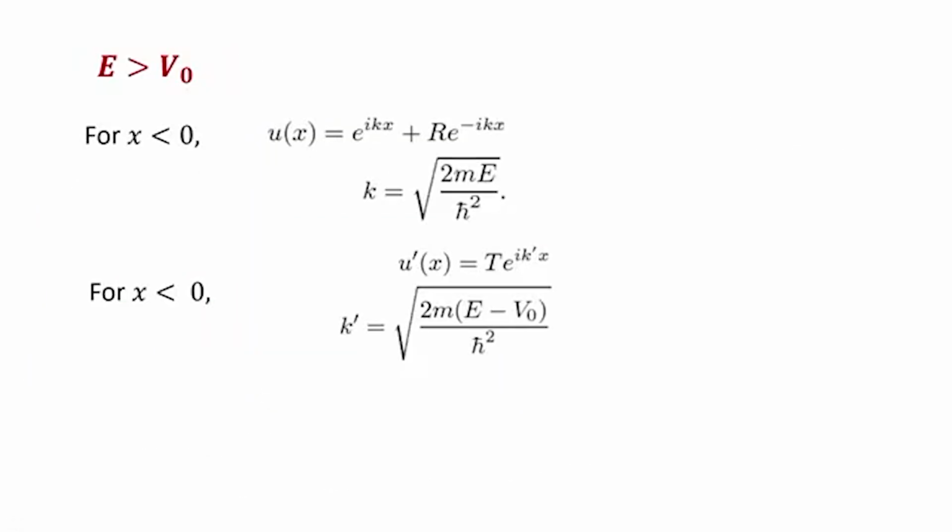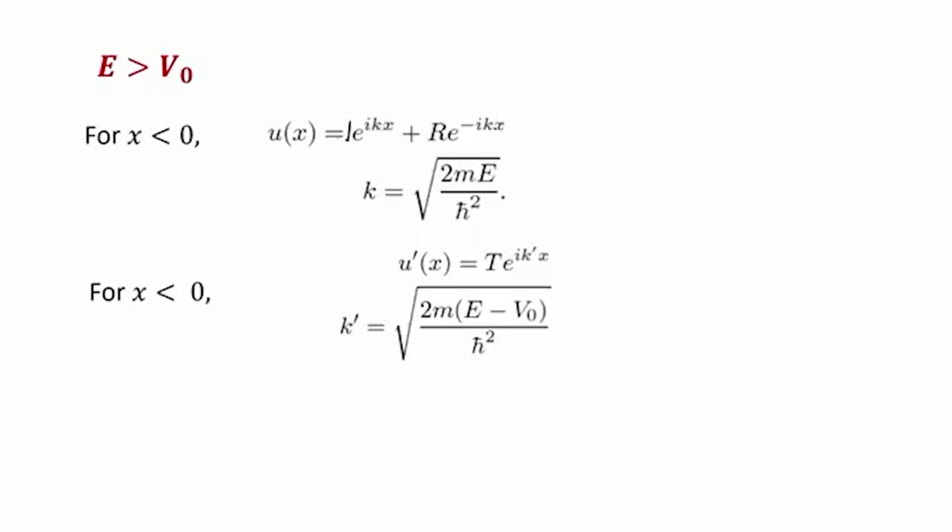So, as we have said, we are first doing it at E greater than V 0. For x less than 0, we have this u of x which is the solution. We again go back to the notation u, but they mean the same thing if you write it as psi. It's exponential ikx, which has a coefficient equal to 1, and because it's of infinite extent both in the left and in the right, we write exponential solutions.